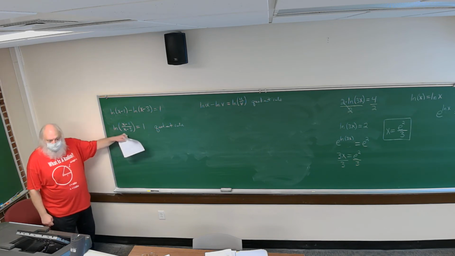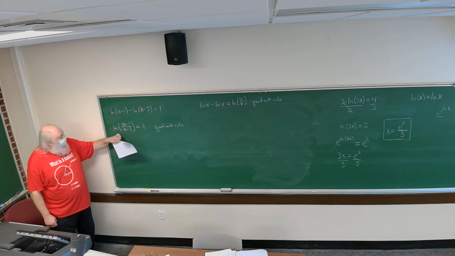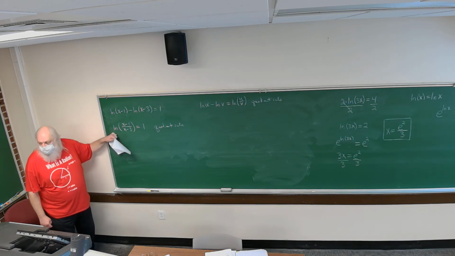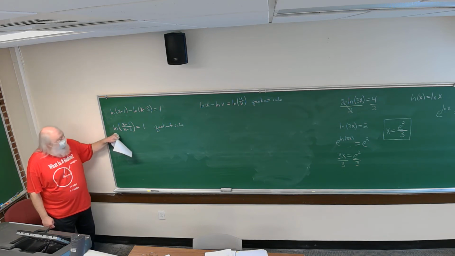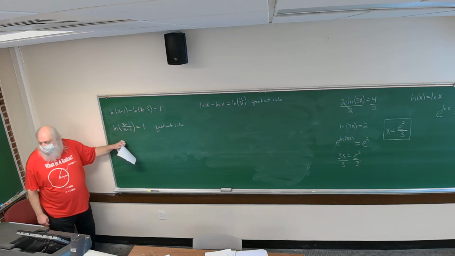Our x is in the argument of the natural log function, so how do we get rid of the natural log? We just did it. Make the left side and right side exponents on the number e.